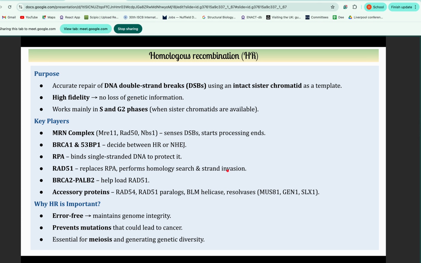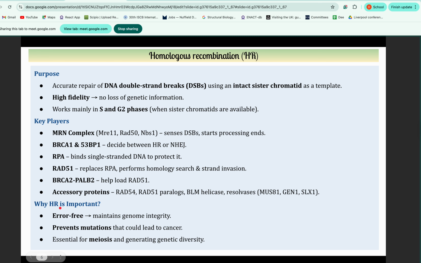In the next slide I will show you how it invades, and how the Holliday junction and all those complexes are formed, so that it can act as the template. Then comes BRCA2 and PALB2, which help to load this RAD51. Then there are some other accessory proteins, which are additional proteins, not directly involved, but they have other roles, such as RAD54, RAD51 paralogs, BLM helicase, then resolvases such as MUS81, GEN1, SLX1.